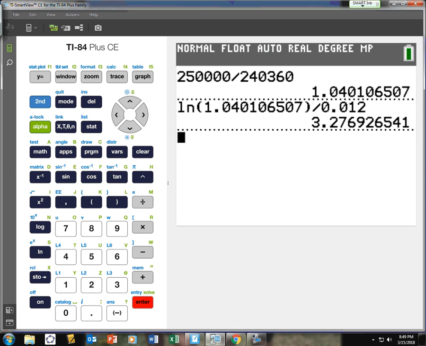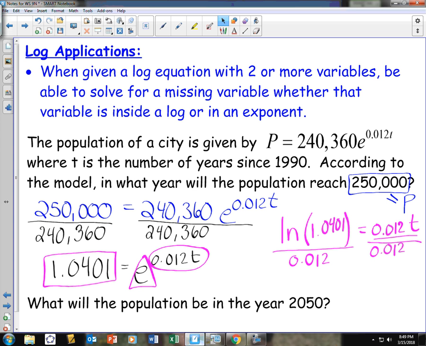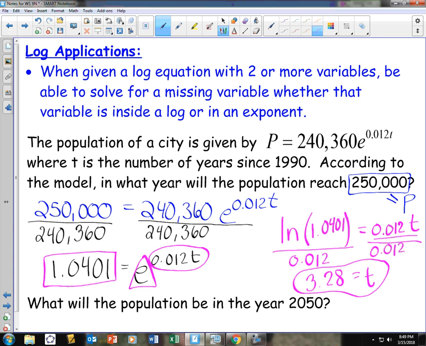All right, so what do we know? 3.28 is equal to t. Okay, so that is in years. So it looks like in about 3 1/3 years is when the population will reach 250,000.